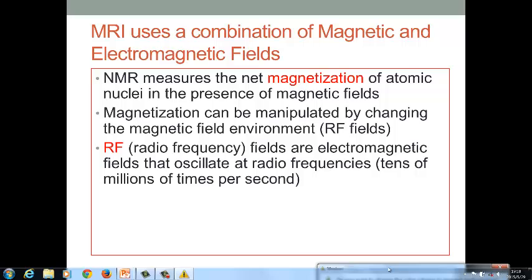That we need electromagnetic fields. Okay, that's important. So what do these electromagnetic fields do? In fact, we need these electromagnetic fields to perturb the nuclei, to manipulate the magnetization.